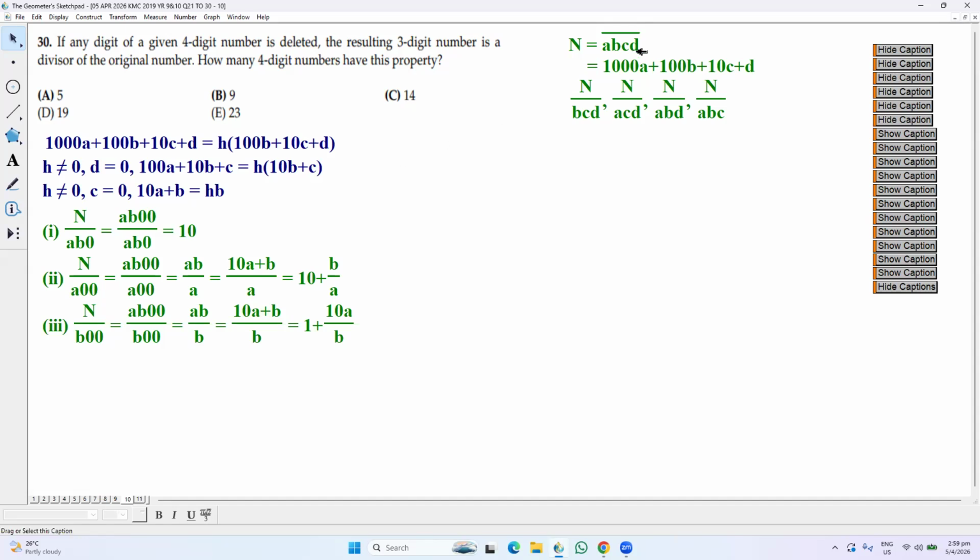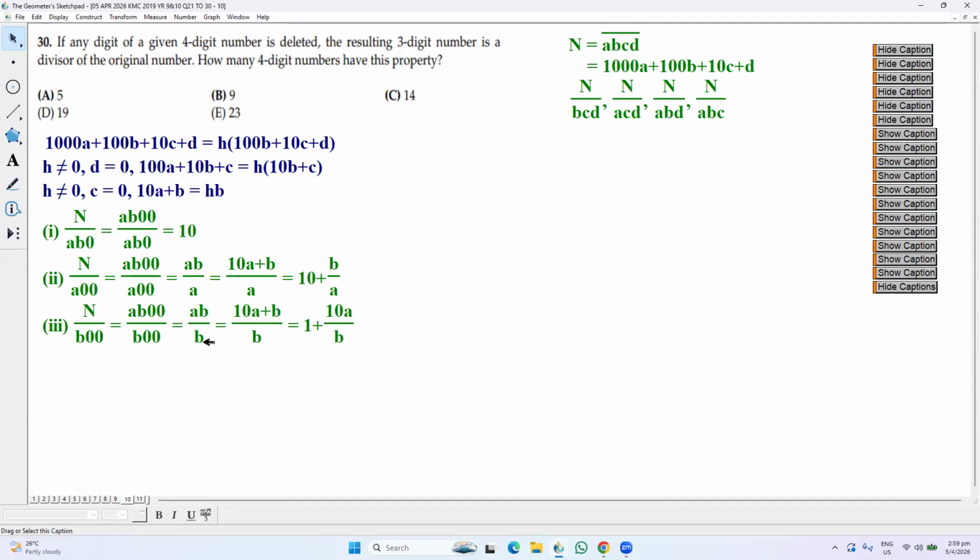The number is A, B, C, D. We delete the second digit, then we get A0, 0. So A, B, 0, 0, divide. You get AB over A, which is 10A plus B over A, 10 plus B over A. If we delete A, the last 2 digits are 0 already, so the number becomes B0, 0.